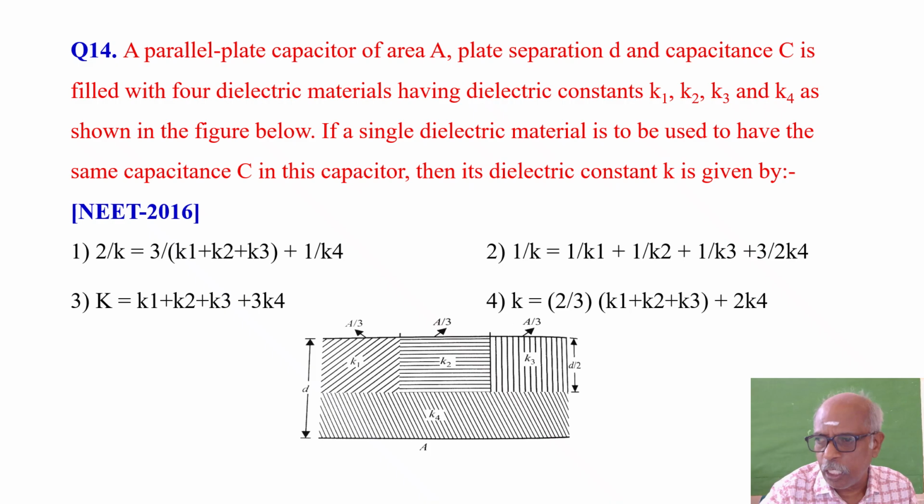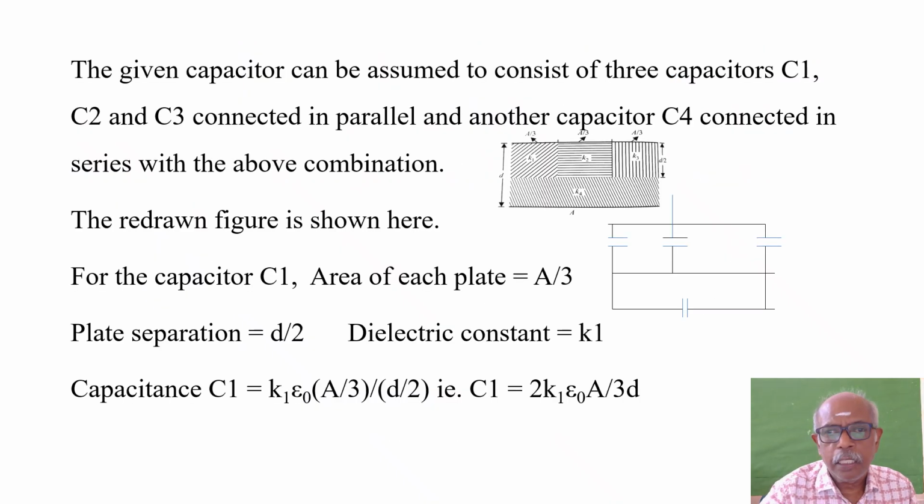How to solve the problem, sir? So the given capacitor C can be assumed to consist of 3 capacitors C1, C2 and C3 connected in parallel, and another capacitor C4 connected in series with the above combination. So we are redrawing this figure as shown here.